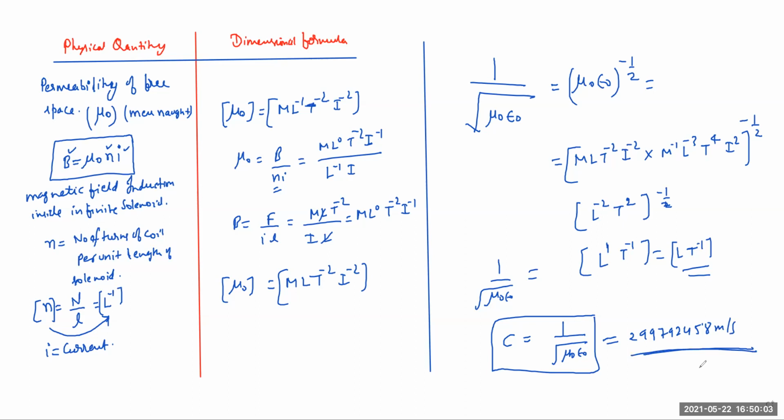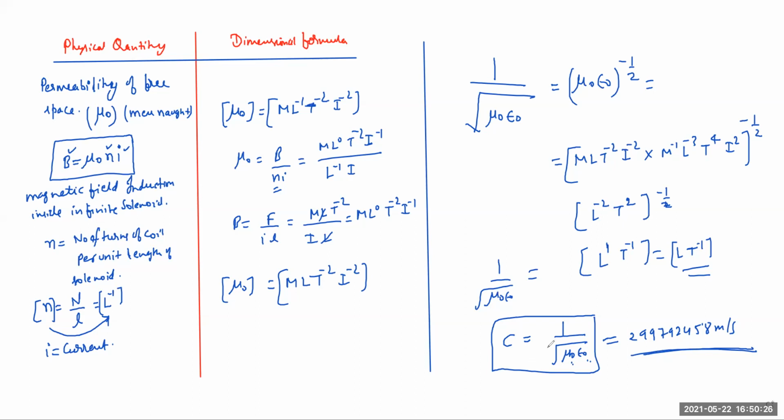Normally we remember that 1 upon under root of this is always a dimension of velocity, so we can use it to find the dimension of the other. If you know mu naught, you can find the dimension of the other using this relation quickly. Instead of deriving both, which is a more difficult task, this is a better way of doing it.